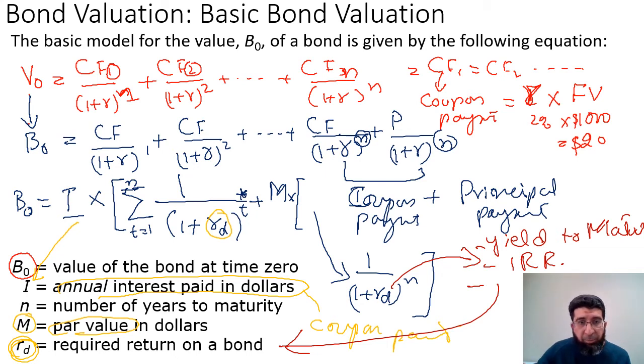Now, coupon payment interest is different from the required return. Please remember that the coupon payment interest rate is different. This R is different from the RD. RD is the required return on debt, while R is the simple interest rate, which is used to calculate the coupon payment on the bond.